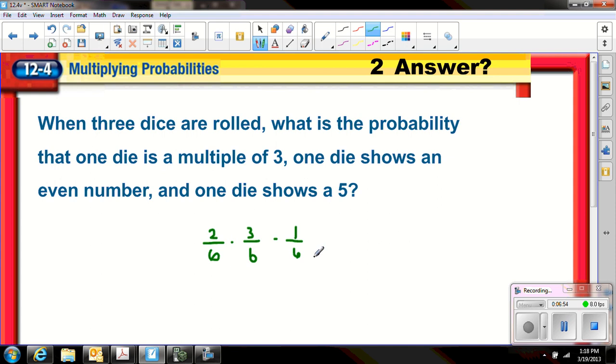Now, like the last problem, we just multiply them together. I actually like to reduce before I do the multiplication, especially if I don't have a calculator. So 2 out of 6 we're going to call 1/3. 3 out of 6 we're going to call 1/2. And times 1 out of 6.